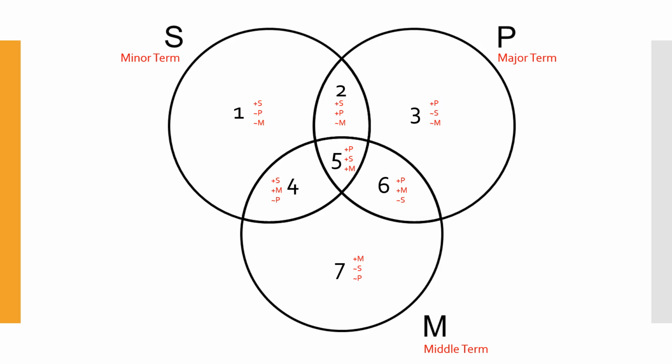If we move up a step to number 2, notice number 2 would tell us that it is an S and it is a P, but it doesn't fit anywhere into the M category or circle, and so on. We can keep going. But notice the point here is that by simply overlapping these 3 circles now, every conceivable relationship between the 3 different terms available to us, the minor term, the major term, and the middle term, are now diagrammed on the Venn diagrams.